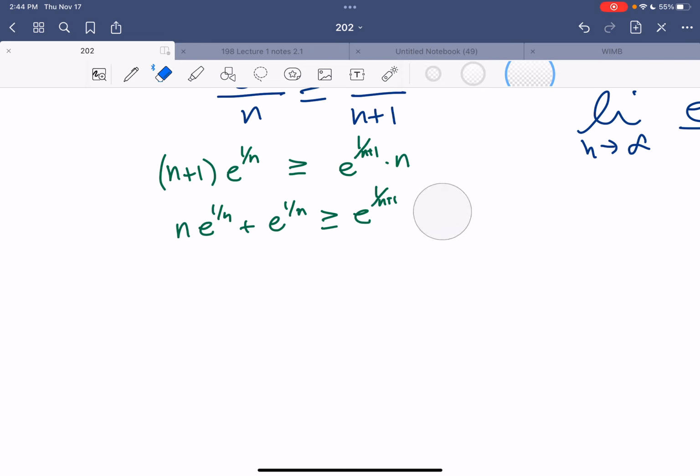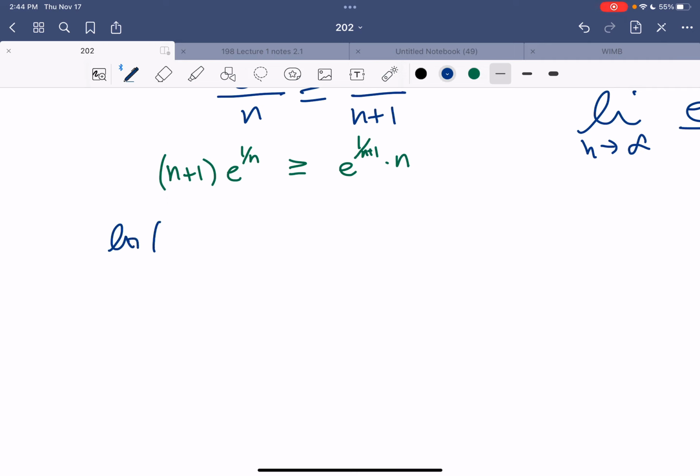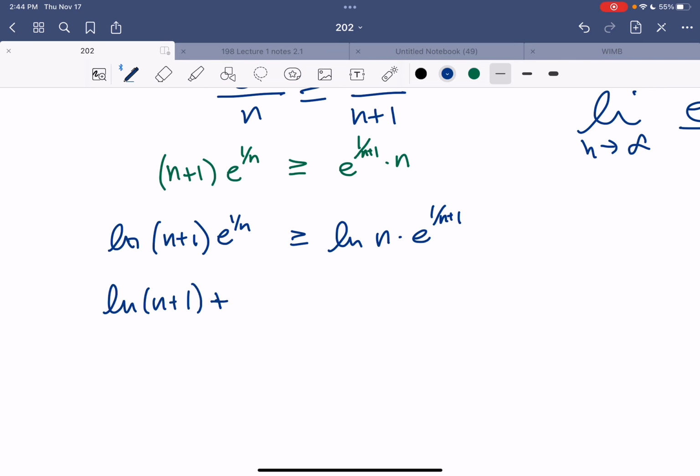Maybe if we go back here and take the natural log of both sides. Then we have the natural log of n plus 1 plus, right, this is like this. And when you have a product, you can split the natural logs using addition. The natural log of e to the 1 over n.